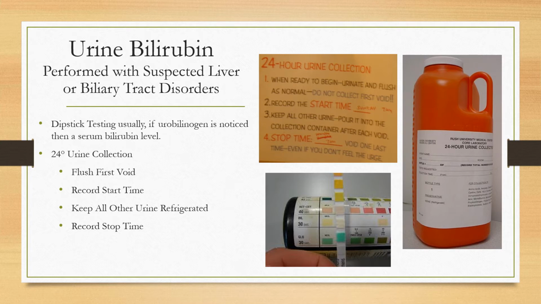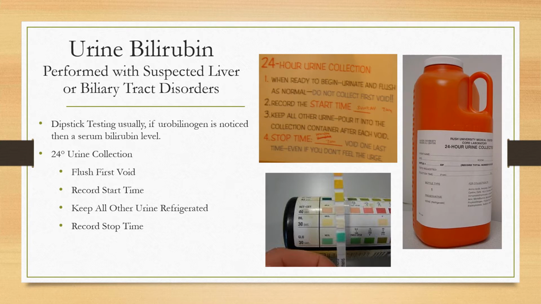I'm not going to cover it, but what's causing someone to have an elevated bilirubin is going to be the same causes that cause them to have bilirubin or urobilinogen in their urine.